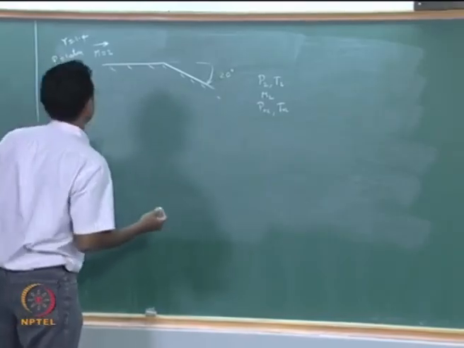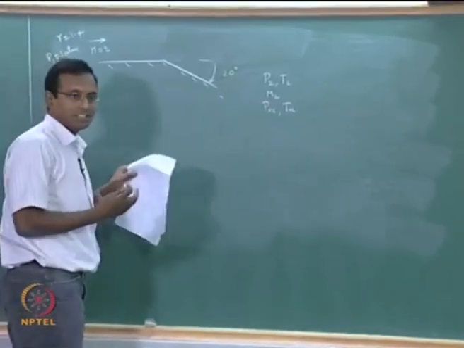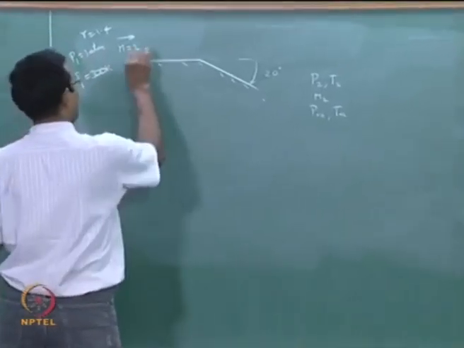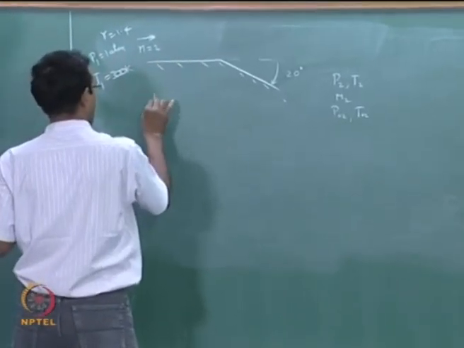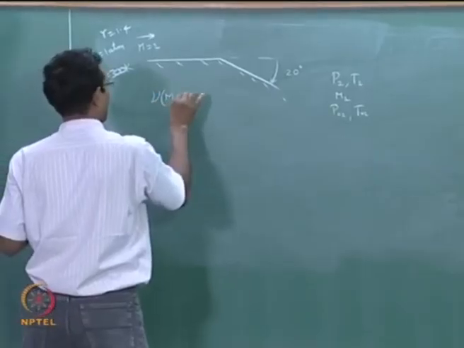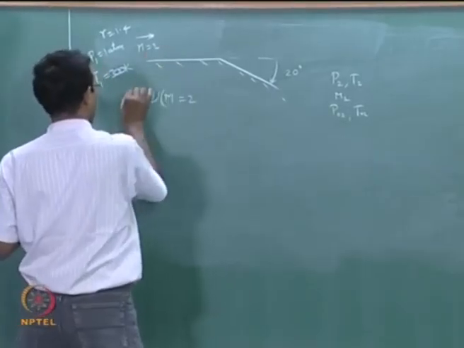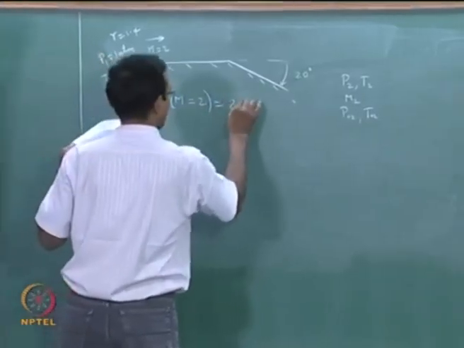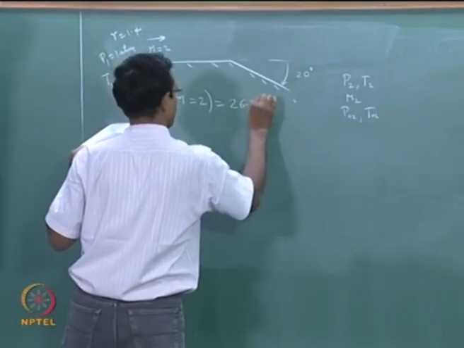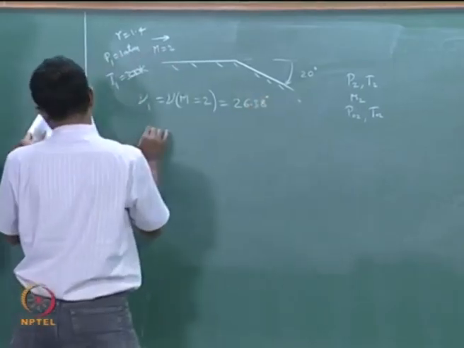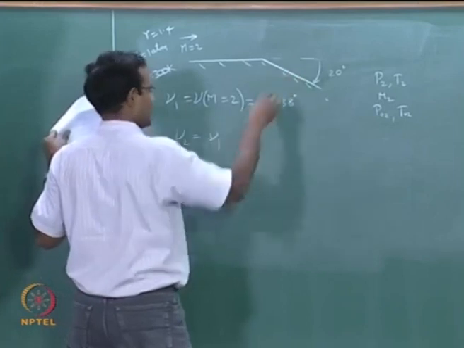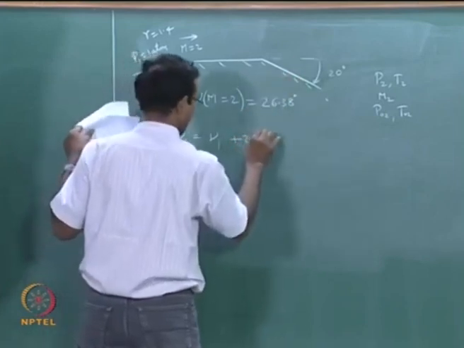So how will I do this? It's exactly the same procedure as what we did just before this board, which was to find the local Prandtl-Meyer angle, nu, at M equal to 2, this is my nu 1, which from tables will be 26.38 degrees, and nu 2 equal to nu 1 plus the expansion angle, so it is plus 20 degrees.